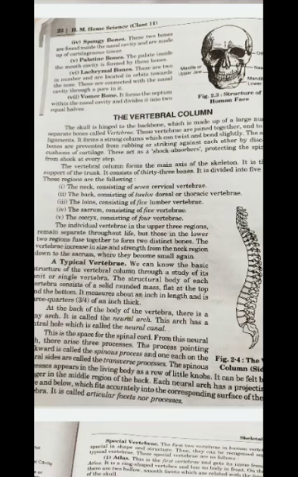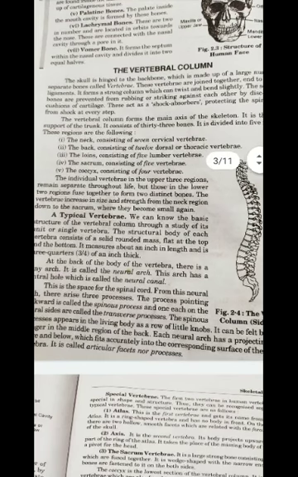A typical vertebra. We can know the basic structure of the vertebral column through a study of its unit, a single vertebra. At the back of the body of the vertebra there is a bony arc. It is called the neural arc. This arc has a central hole which is called the neural canal.